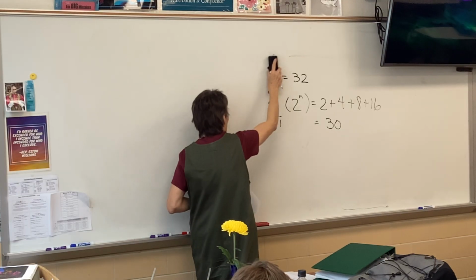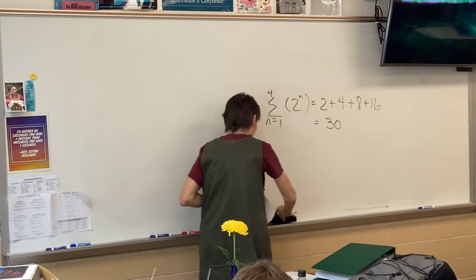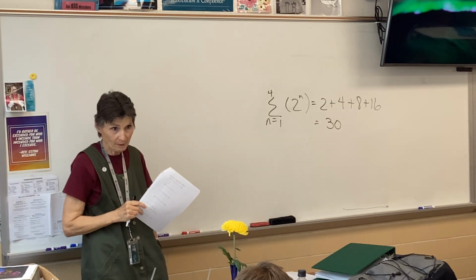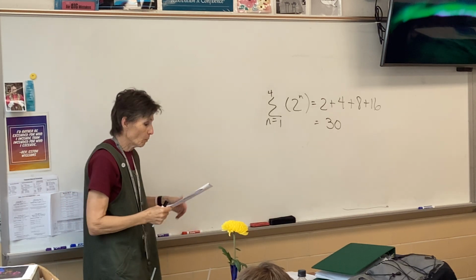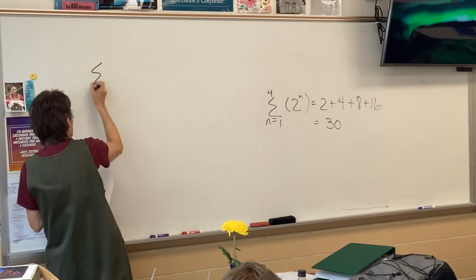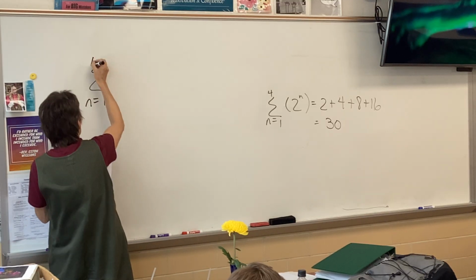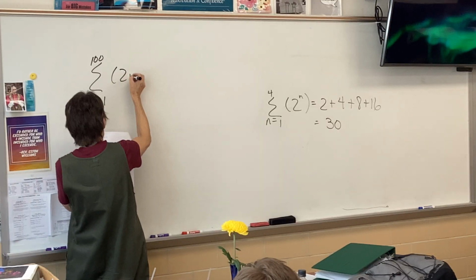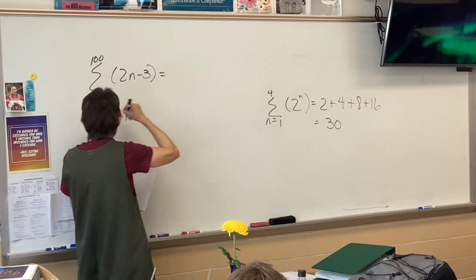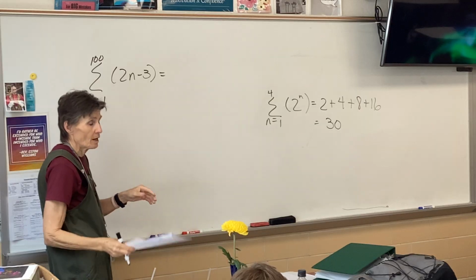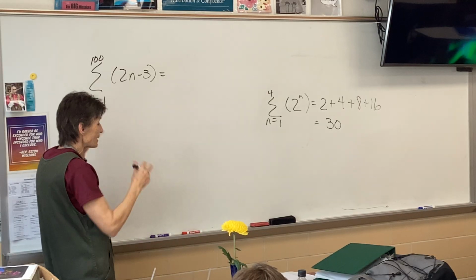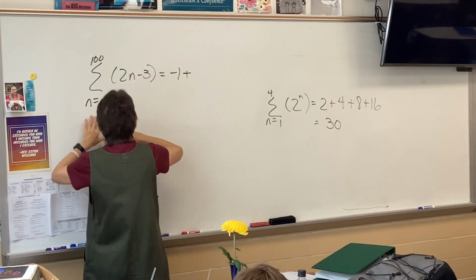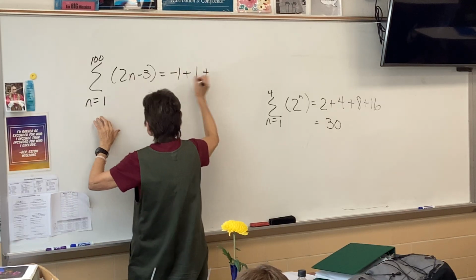All of a sudden, I'm starting to see a potential problem. I know what this means. This means add all of these up, starting with 1 and ending with 100. And I can do that. I mean, I can write that down. The first one would be -1. The second one would be 1.